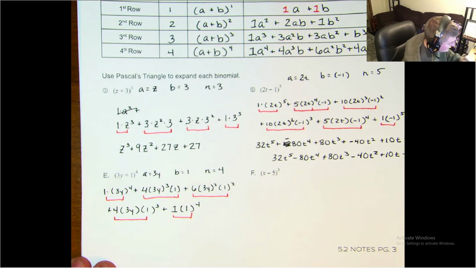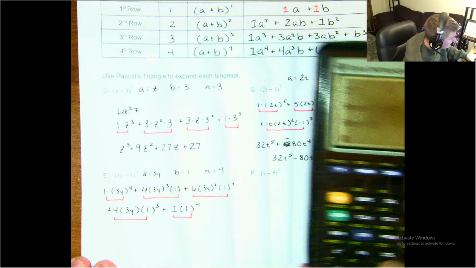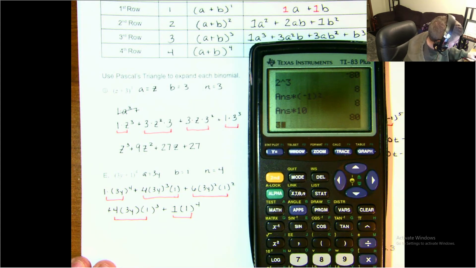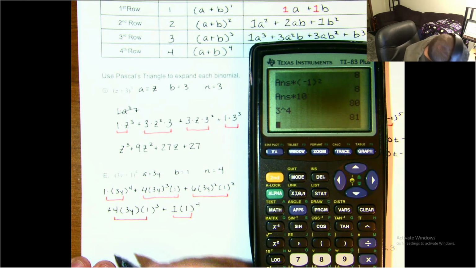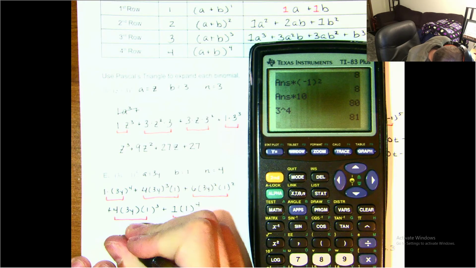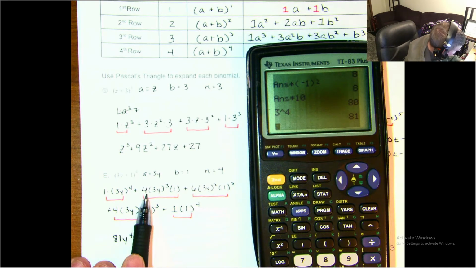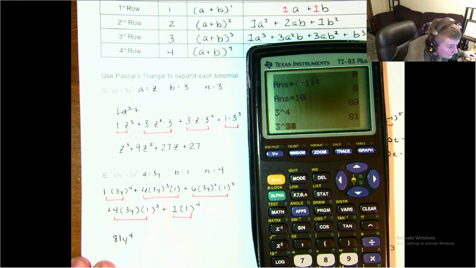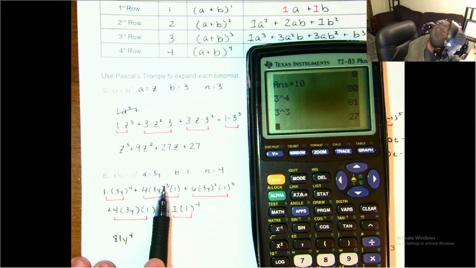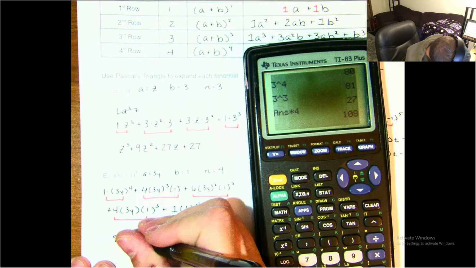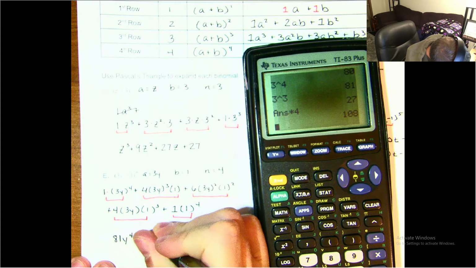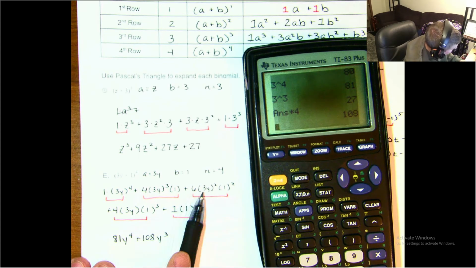Okay, let's simplify this. 3y to the fourth power, so that's going to be 3 to the fourth power, which is 81, so 81y to the fourth. Okay, here we got to go 3 to the third power, and then multiply that by 4. And then times 1, that's going to keep it alone, so that's going to be 108y to the third.